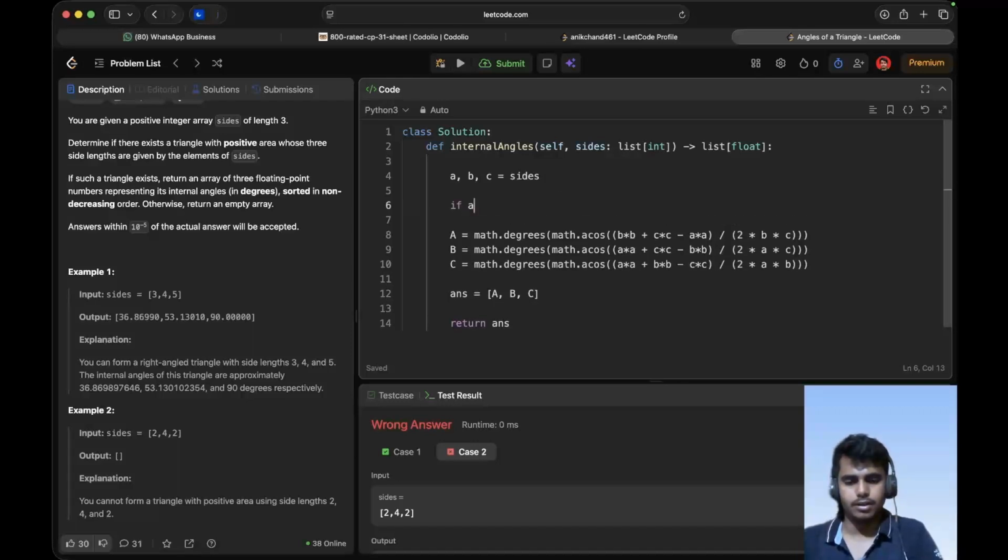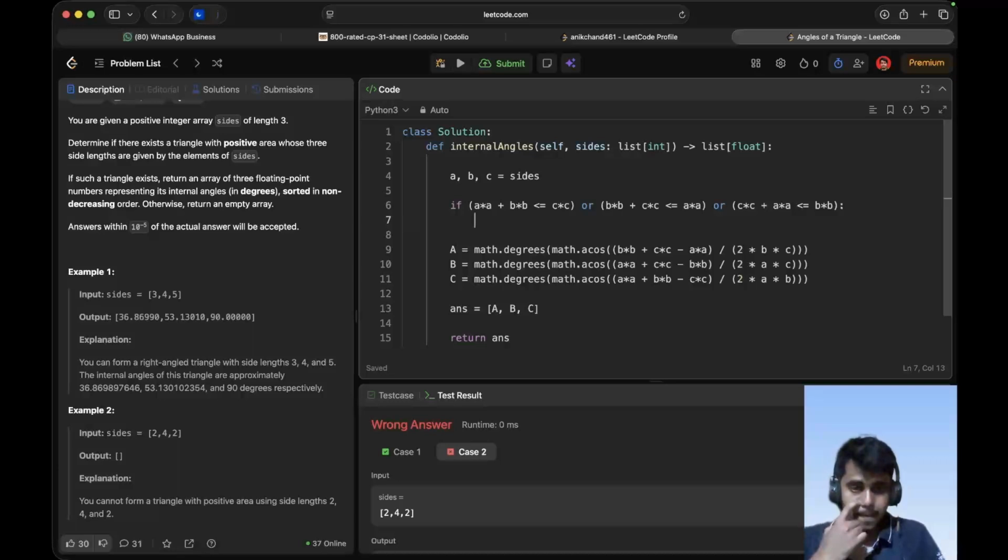If a plus b is less than or equal to c, or b plus c is less than or equal to a, or c plus a is less than or equal to b, any of the conditions can occur, then we can tell that this is not a triangle. So return only an empty array.